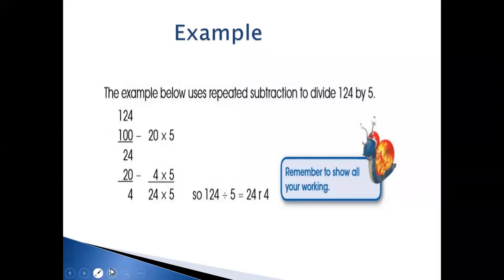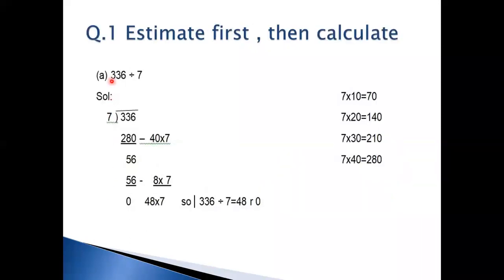For your convenience, using this example, I have made the question for you, because you should be more comfortable in this way. In fact, the pattern is the same as the examples, but so that you may get more comfortable, I have put the symbol of division here, because the question is saying 336 divided by 7.